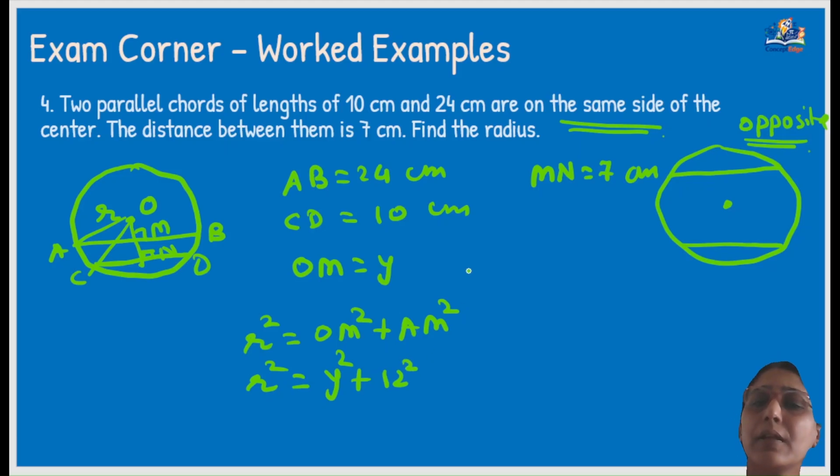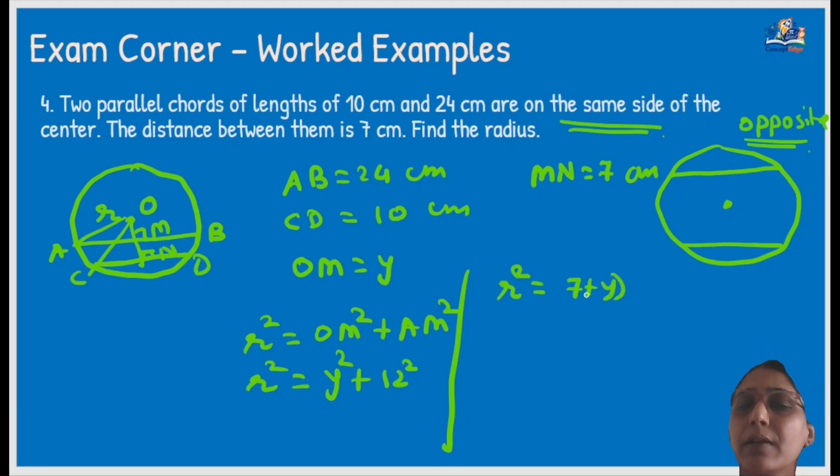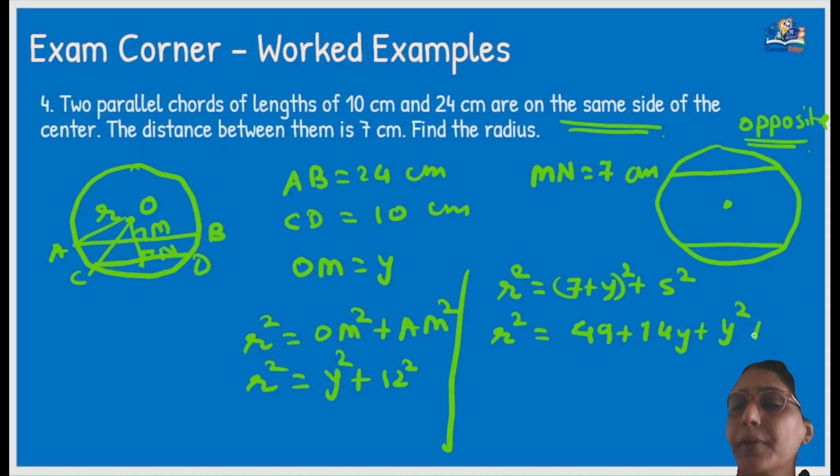The other triangle, if I take CON, then I know that r squared equals 7 plus y whole squared plus half of CD, which is 5 squared. So r squared equals 49 plus 14y plus y squared plus 25. And I can put this value.